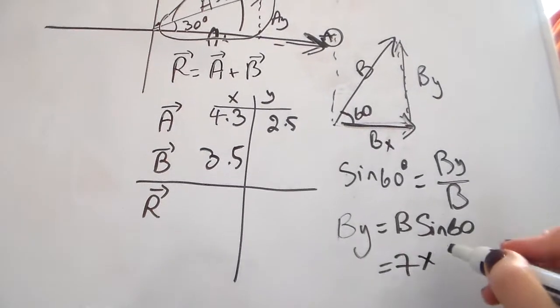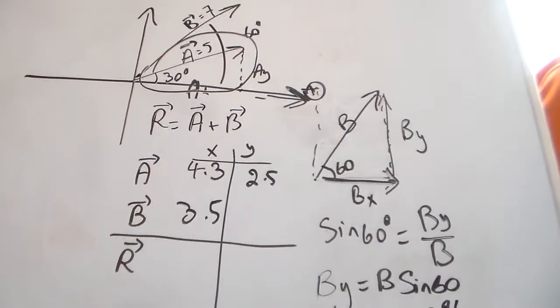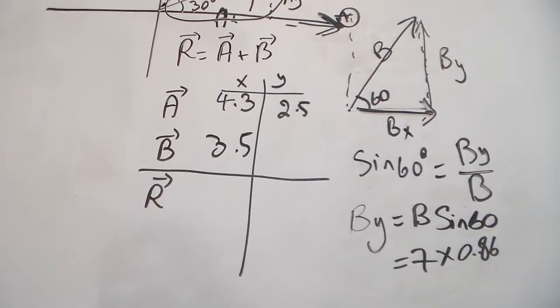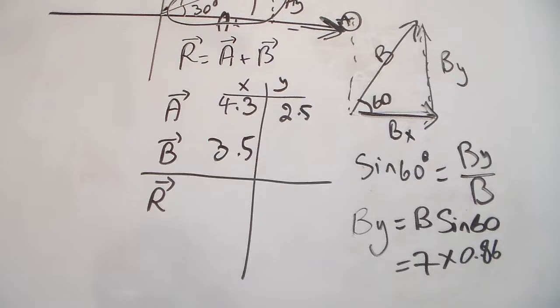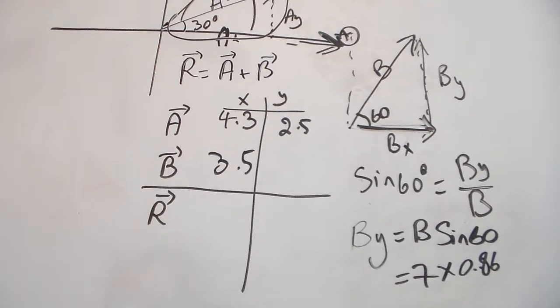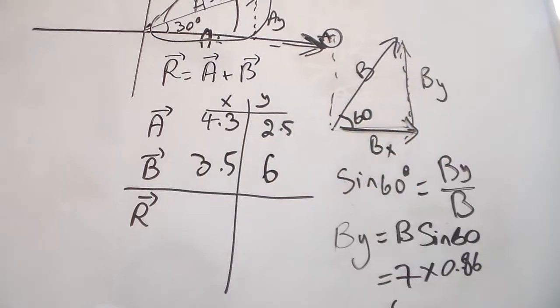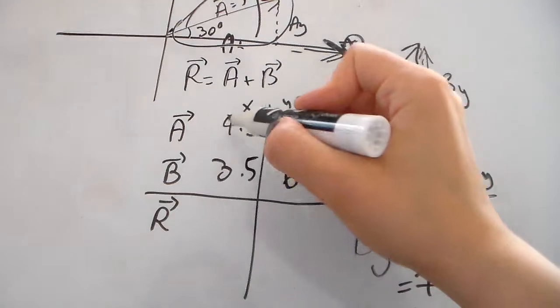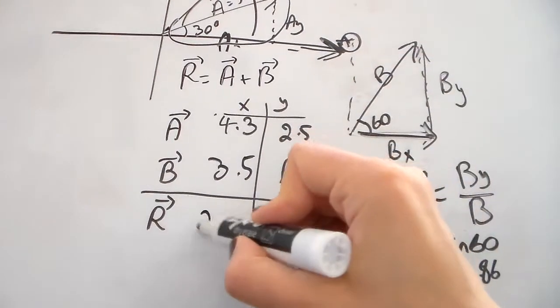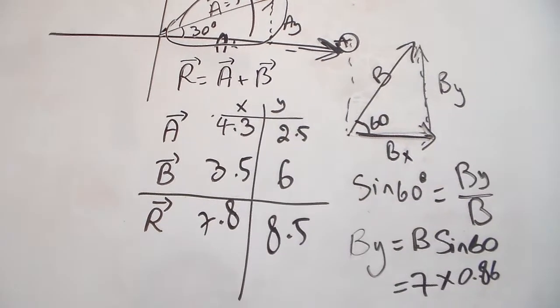Sine 60 degrees is 0.86, and then 7 times 0.86 is going to give us, roughly 6. Yeah, there you go. So now R_x is going to be 7.8, and it's going to be 8.5 for R_y.